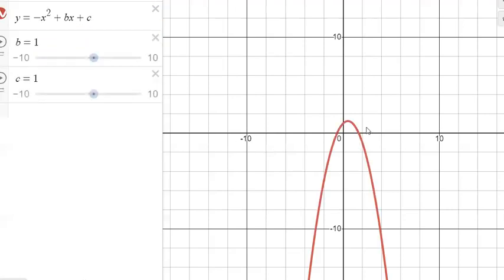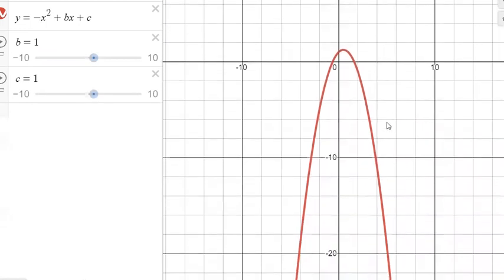So now the function is going to show up in red, and the function looks like an upside down U shape. So as the function goes to the left, it's going down on the y-axis. And as the function goes to the right, it's also going down on the y-axis. And that's called the function's end behavior. So end behavior means what's happening as the function goes to the left and as it goes to the right.